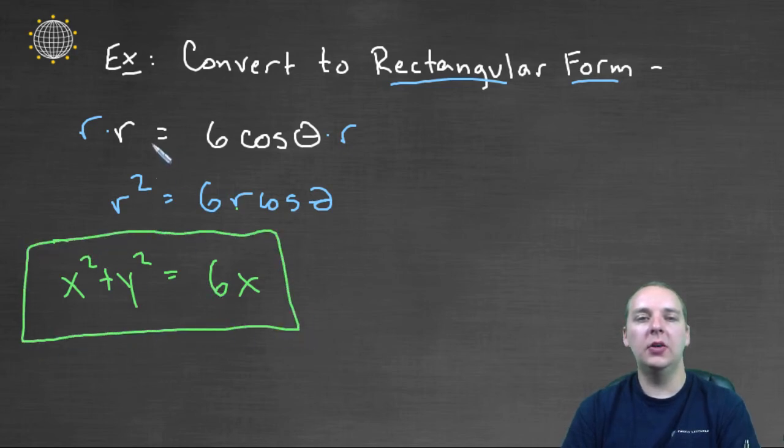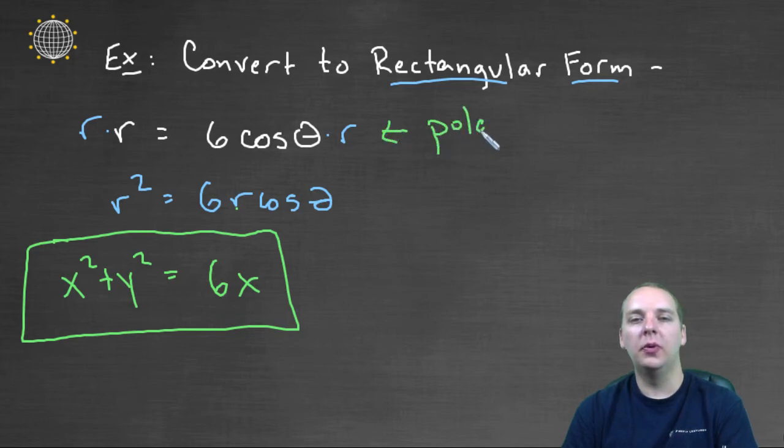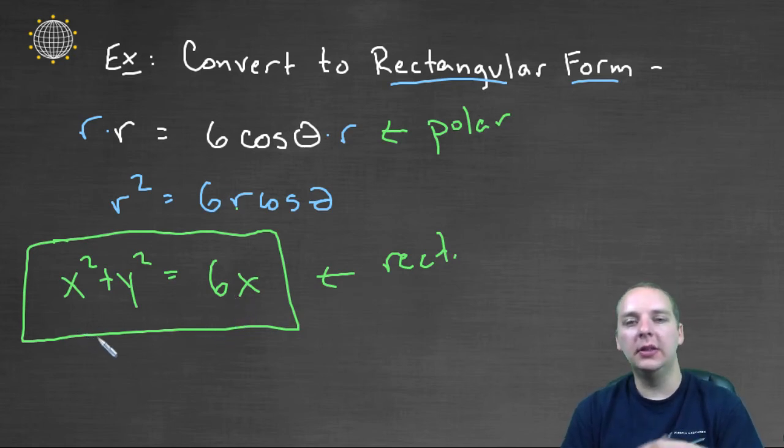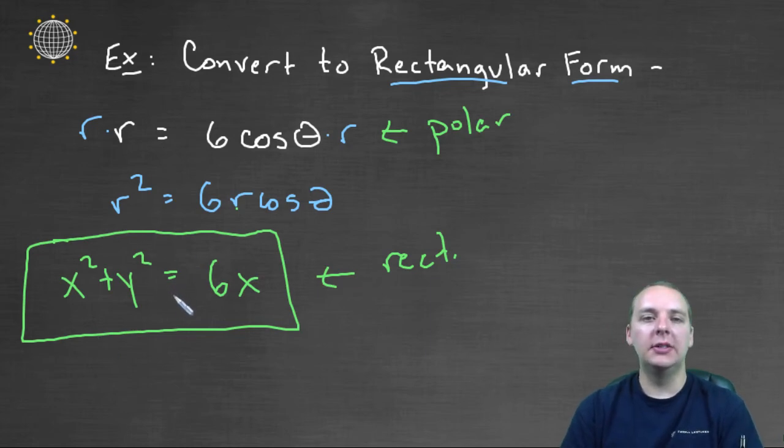I've converted the equation from polar, this started off in polar form and ended in rectangular form. That's literally all we have to do. If you wanted to take it farther, you could subtract the 6x to the left and then complete the square and do some other things. But at the end of the day, this is a good simplified version of what I was looking for.